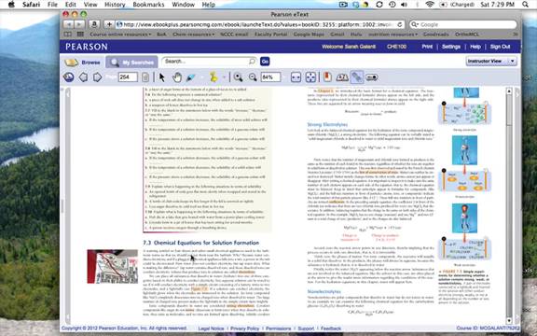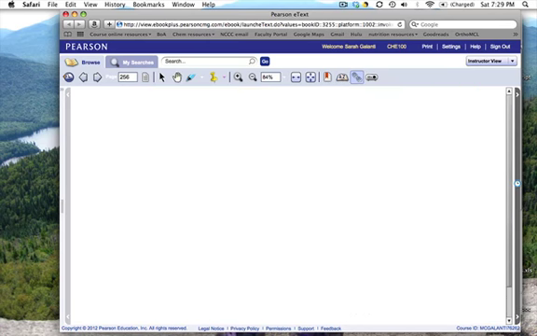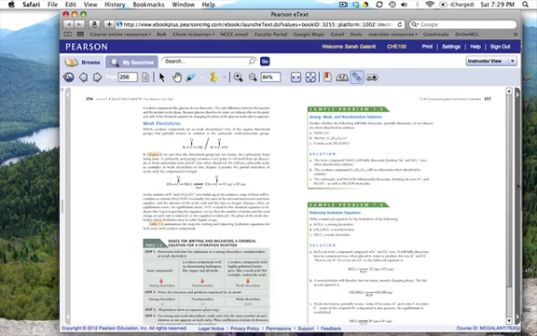Section 7.3. You should understand what strong electrolytes are, like strong electrolyte, weak electrolyte, non-electrolyte, the difference between those. I don't have you writing any balanced equations in this section.